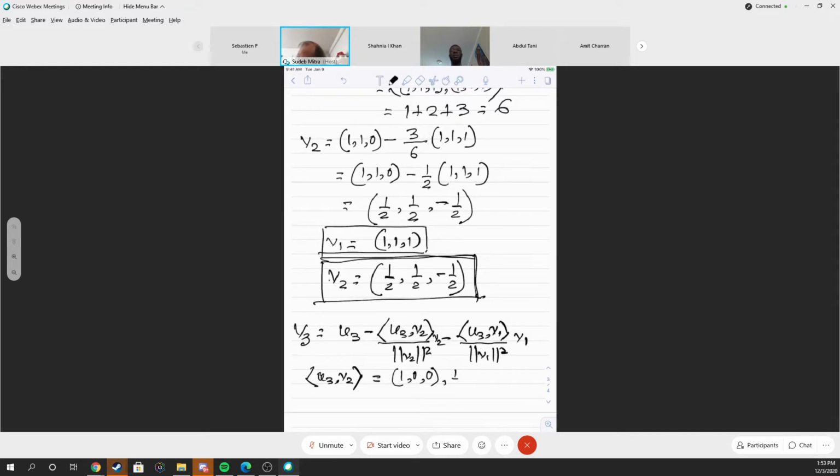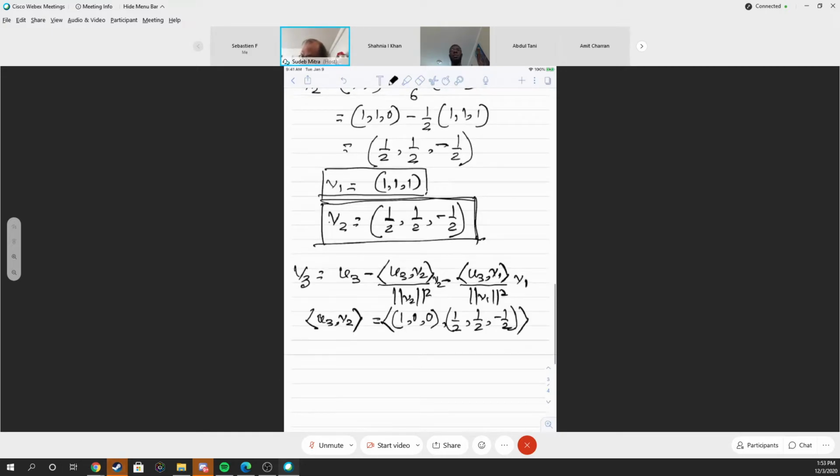V2 is half, half, minus half. So that is U1 V1 plus 2 U2 V2 like this, right? 1 times half, plus 2 U2 V2, that's out, plus 3 U3 V3, that's out. So just half.